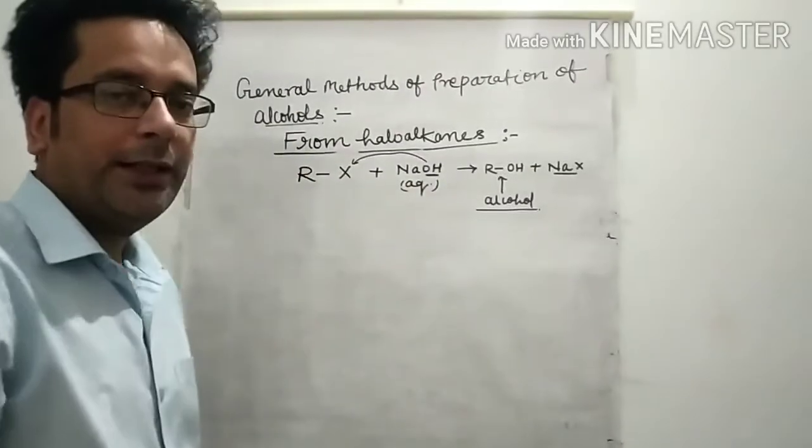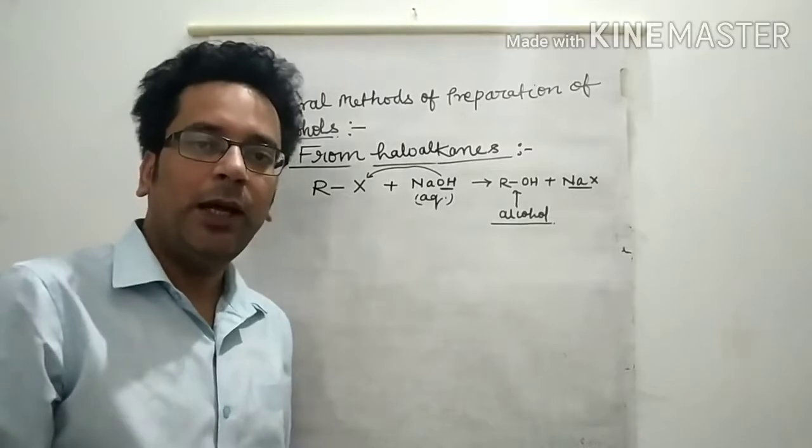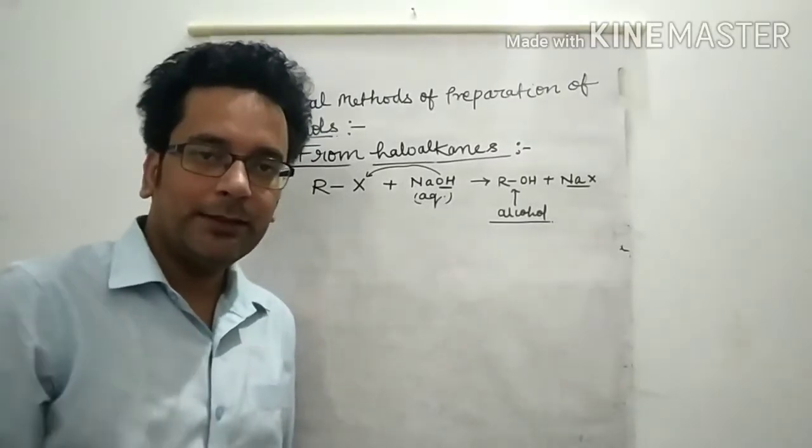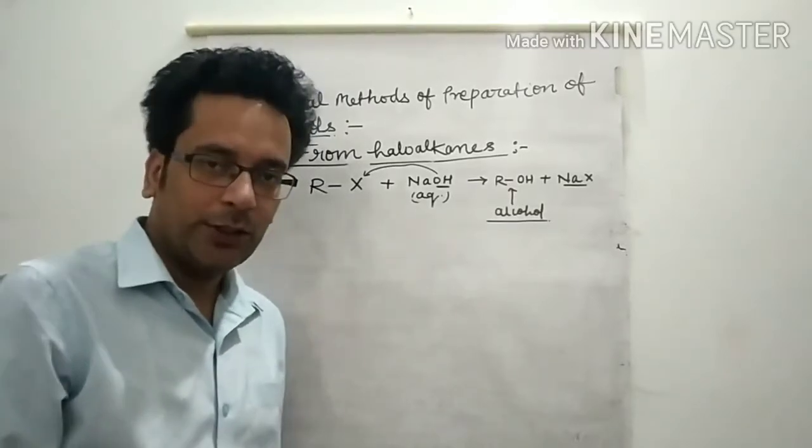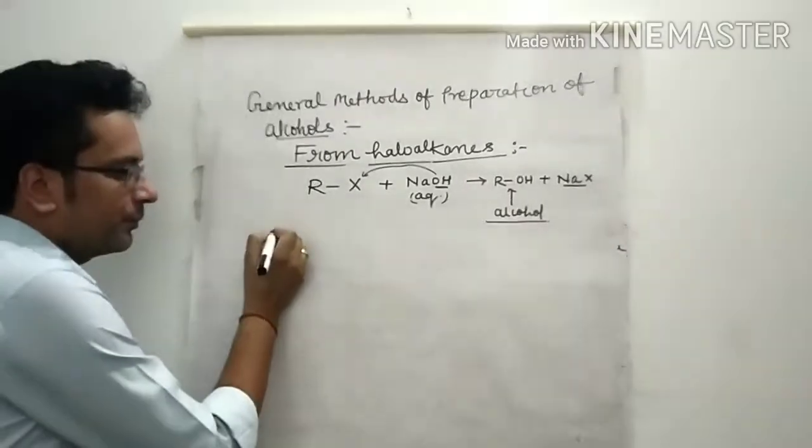So the second method is the preparation of alcohols from haloalkanes: haloalkanes simply react with aqueous sodium hydroxide or potassium hydroxide. Now, an example.